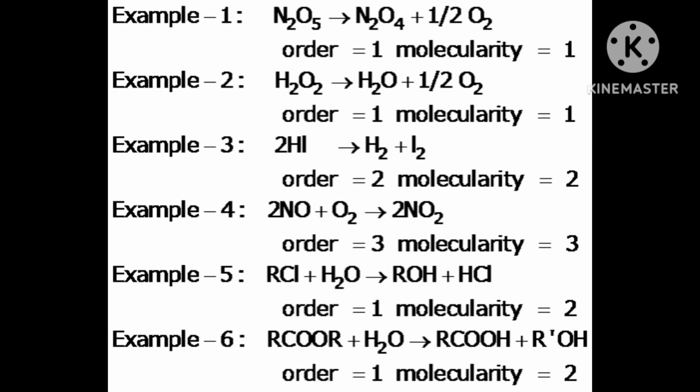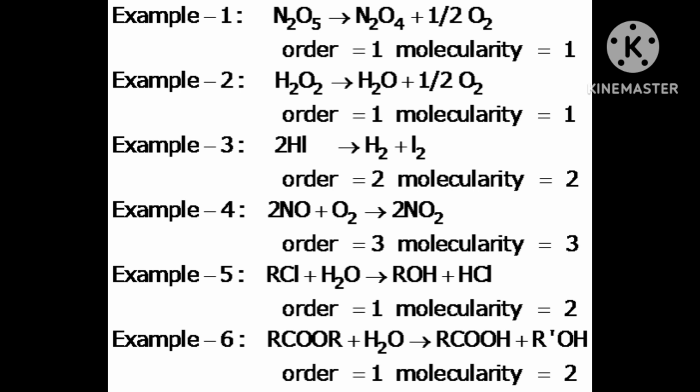Only these two terms are required: rate divided by concentration. Concentration is mole per liter and time is in second, hence for a zero order reaction, its unit will be mole per liter per second.